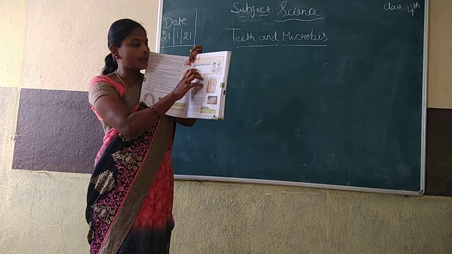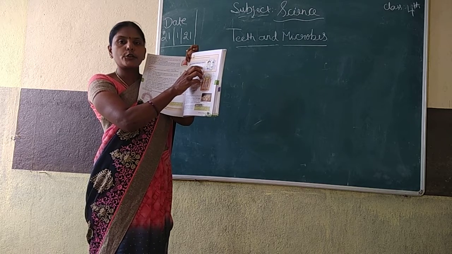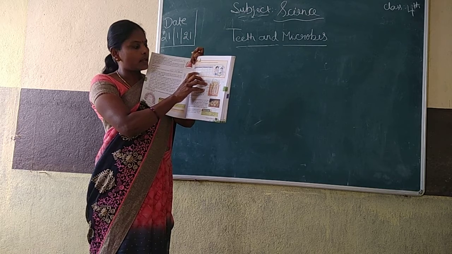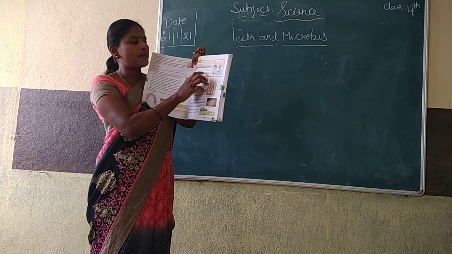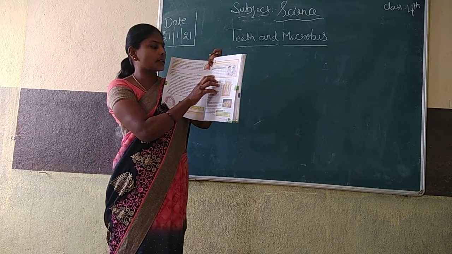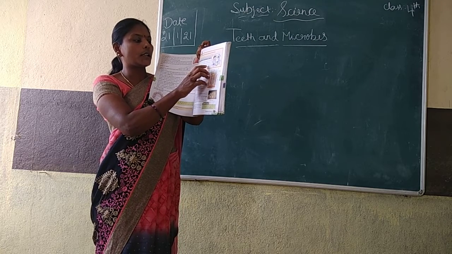Canines: 2 in the lower jaw, 2 in the upper jaw, totally 4. Premolars: 4 in the lower jaw, 4 in the upper jaw, totally 8. Molars: 6 in the lower jaw, 6 in the upper jaw, totally 12.